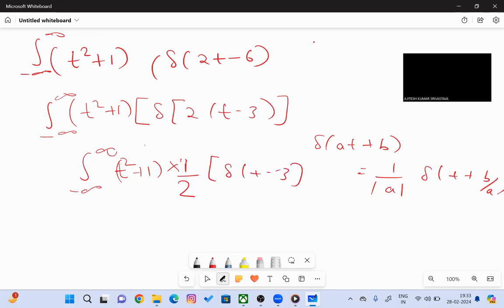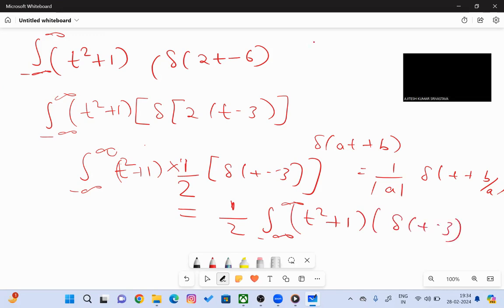So if we write that, 1 by 2 integral from minus infinity to infinity of (t square plus 1) delta of t minus 3, this signal is present at t equal to 3. So at t equal to 3, delta t minus 3, we are trying to draw a signal.